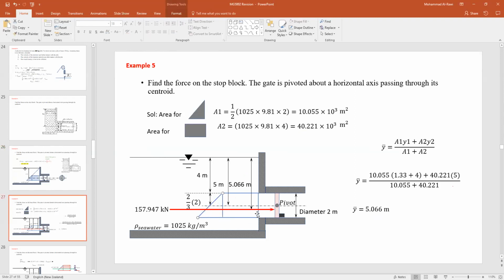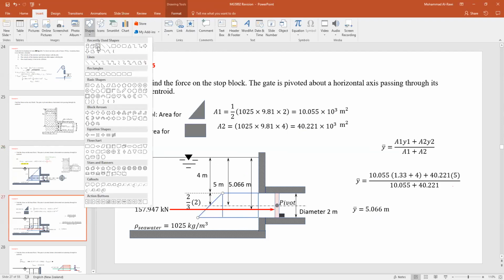To here, h represents 4 meters, because 5 minus 1, the radius, is 4. So the distance from here is rho g h with 4. And that's one rho g h with 6, because from here to there is 6 meters. So what you do is just subtract. I'll write it down here so you can see what I'm doing, so as not to confuse you.